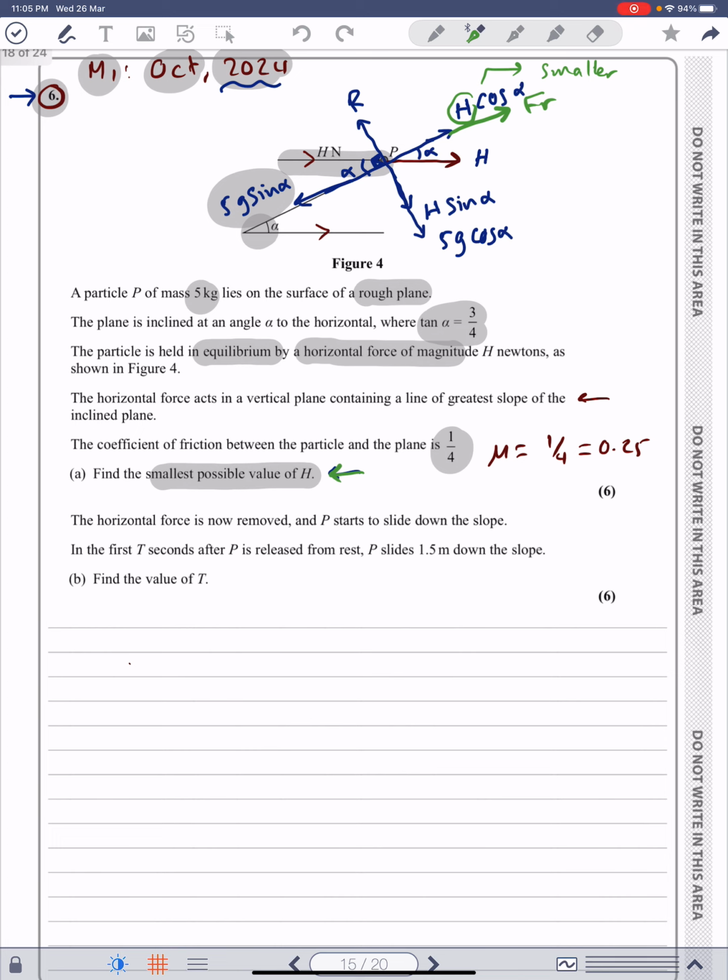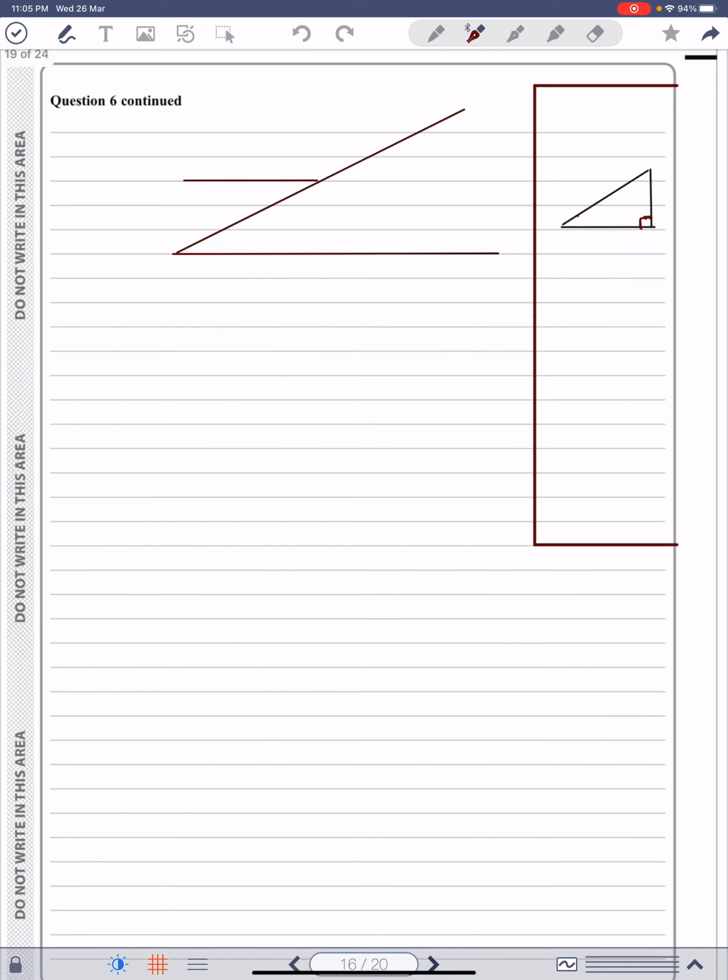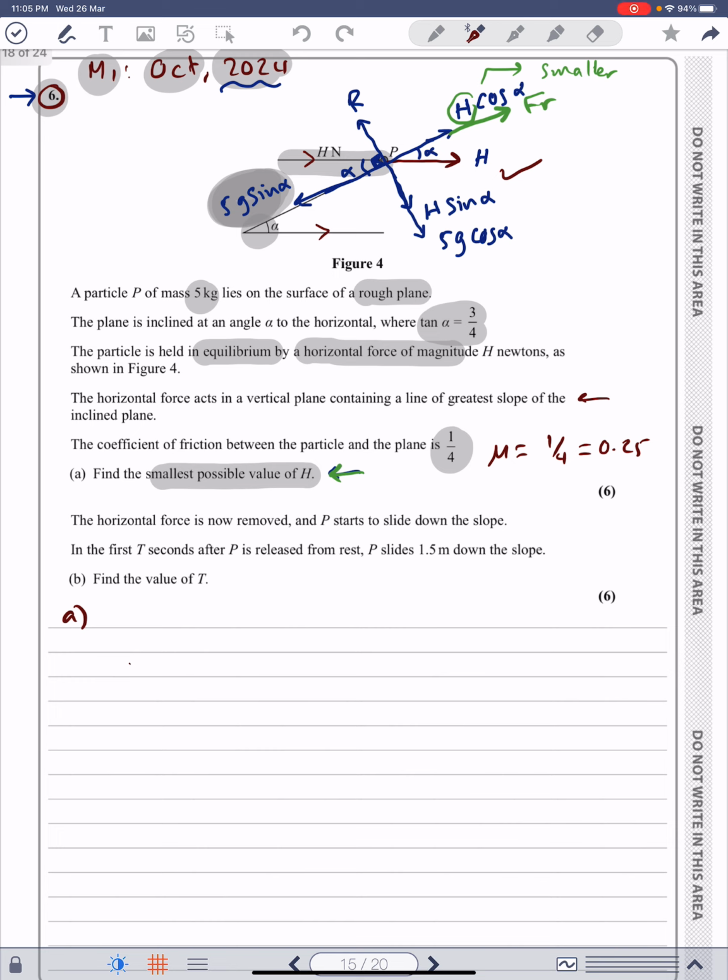So how do you start solving this? Usually we resolve the forces first. There is no space here, so I drew again, explaining everything to you. We write the equations of motion first after we resolve.